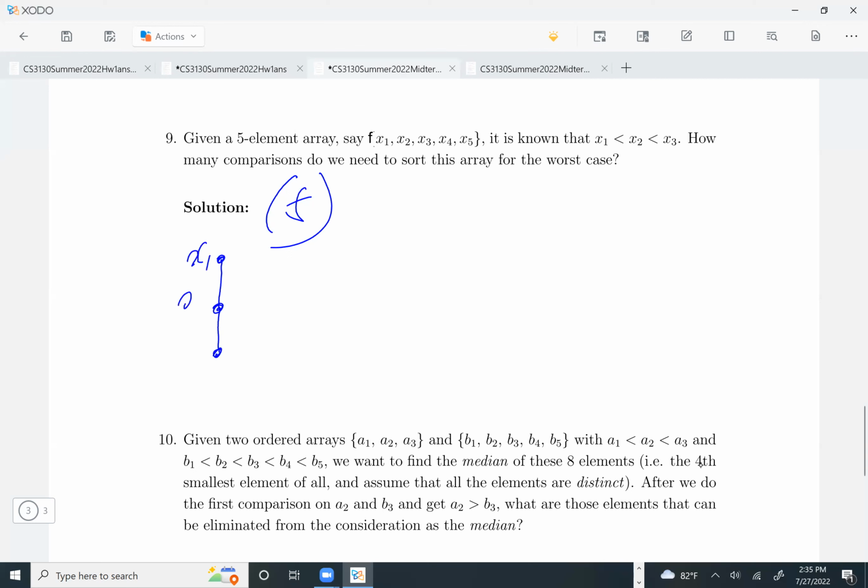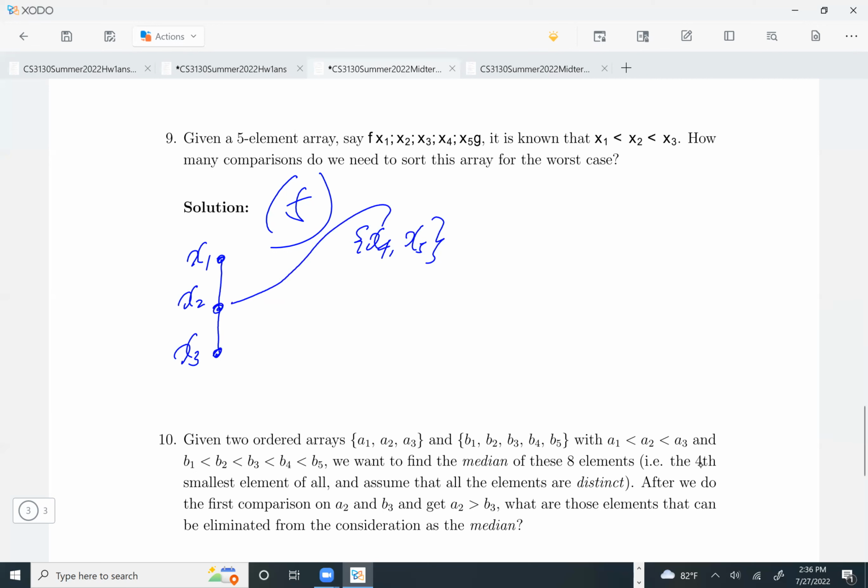x1, x2, x3. Then we need to put x4 and x5 in place. So let us try one by one. When we insert x4, we compare it with x2.